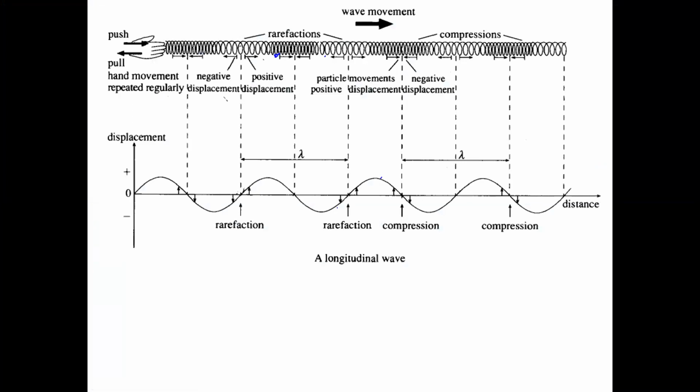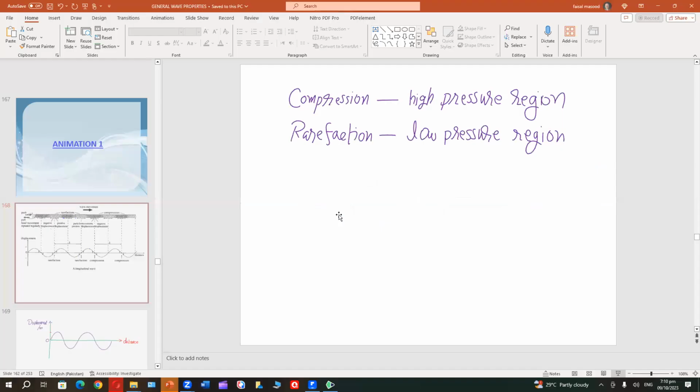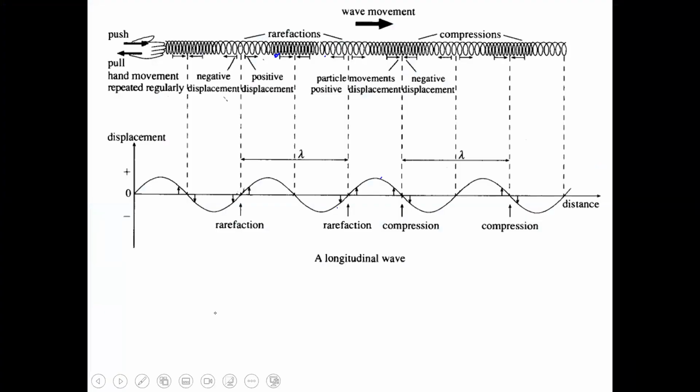When a longitudinal wave travels, there are compressions and rarefactions. Thus, at the center of the compression, the displacement is zero. At the center of rarefaction, displacement is zero.